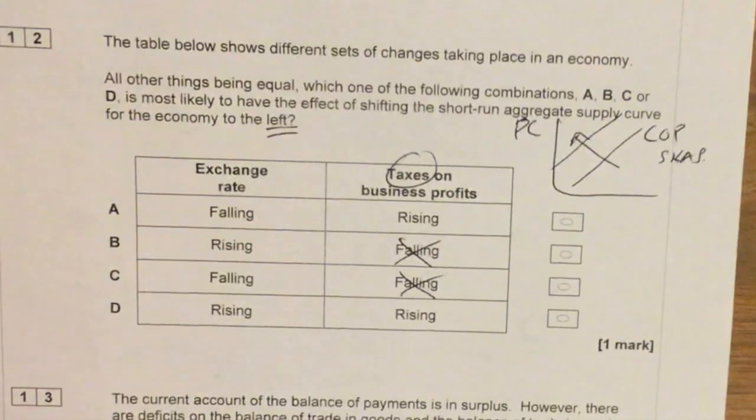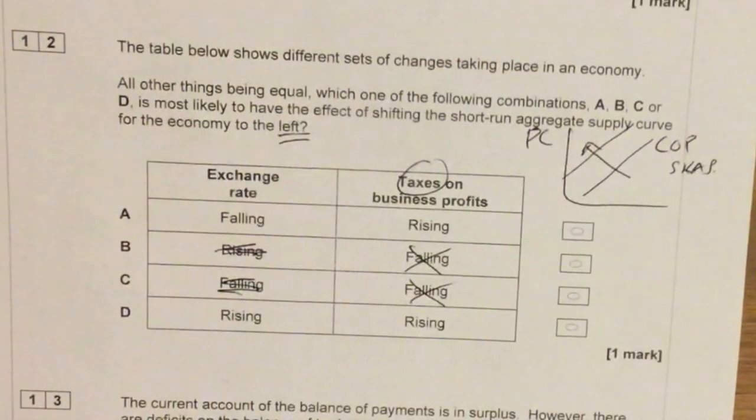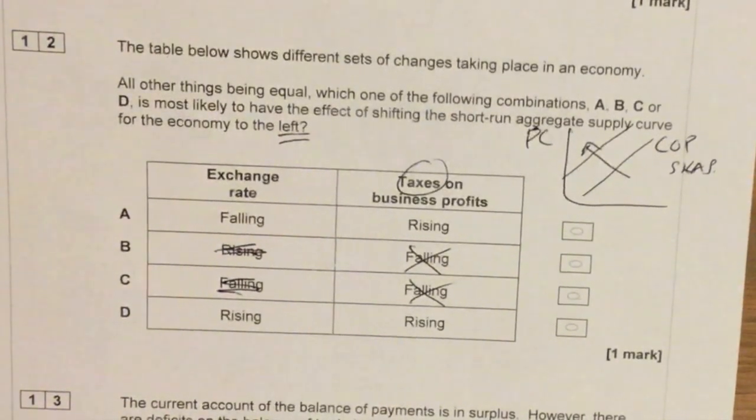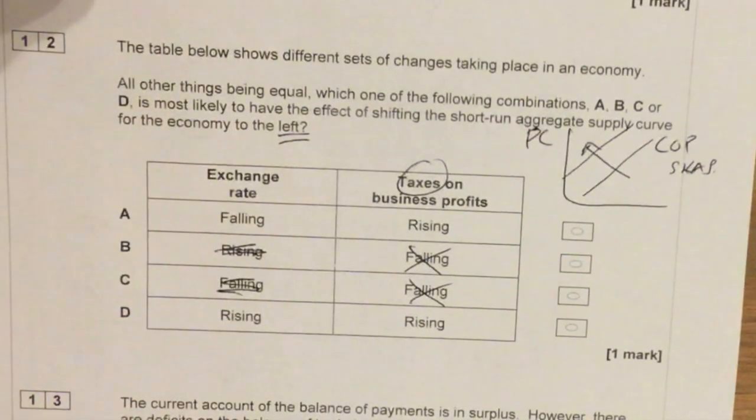So now we just need to think about the exchange rate. Let's go through it. The exchange rate is falling. This is all about your imports, so importing your raw materials. If the pound is getting weaker, then importers have their raw materials costing more. That's not a good thing.